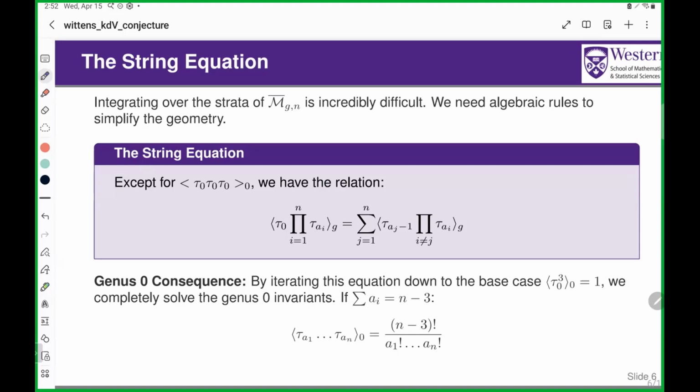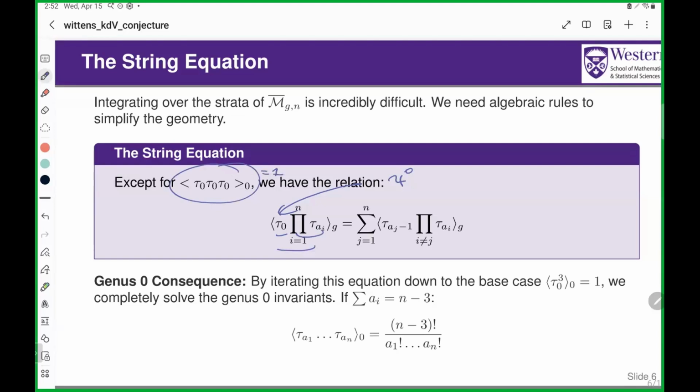And so it's the string equation. When you're computing one of these correlation functions which have a tau 0 there, so that means tau 0, it's some psi raised to the power 0. Okay, and then you have some other tau classes. They can be whatever they are. As long as it isn't this very basic one, which is equal to 1, actually.